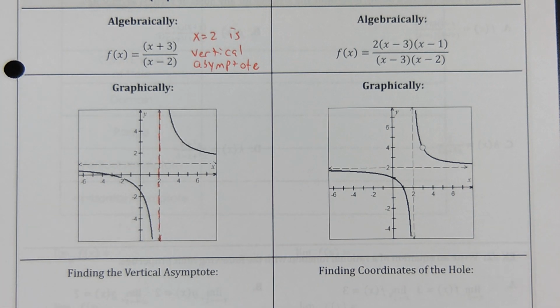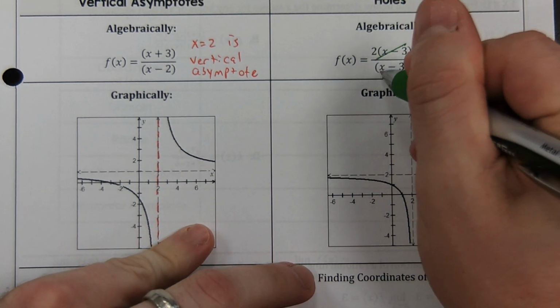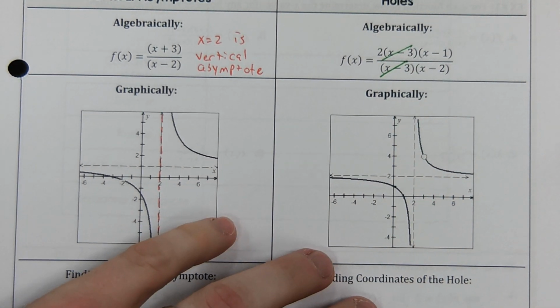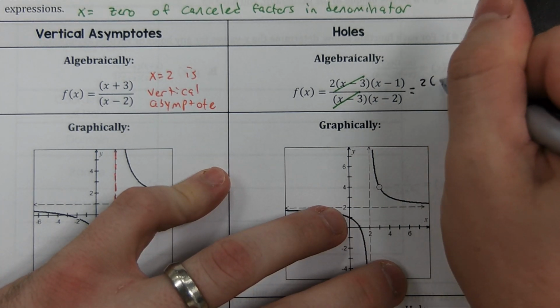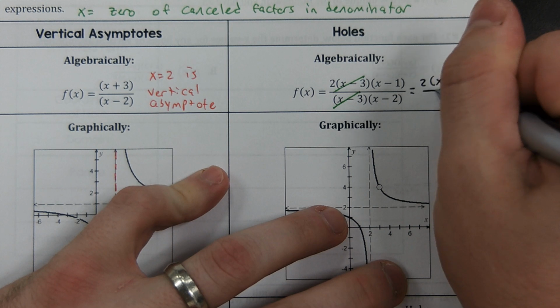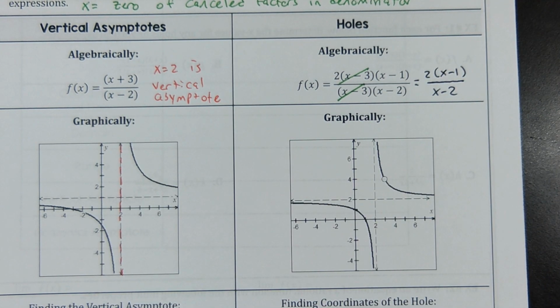Once everything is factored and we get it to here, what you can see, I hope, is that x minus 3 is a factor of the top and the bottom, which means it could cancel out. This thing would then simplify to 2x minus 1 over x minus 2. Before I did any canceling, there were two different numbers that made my denominator equal 0.